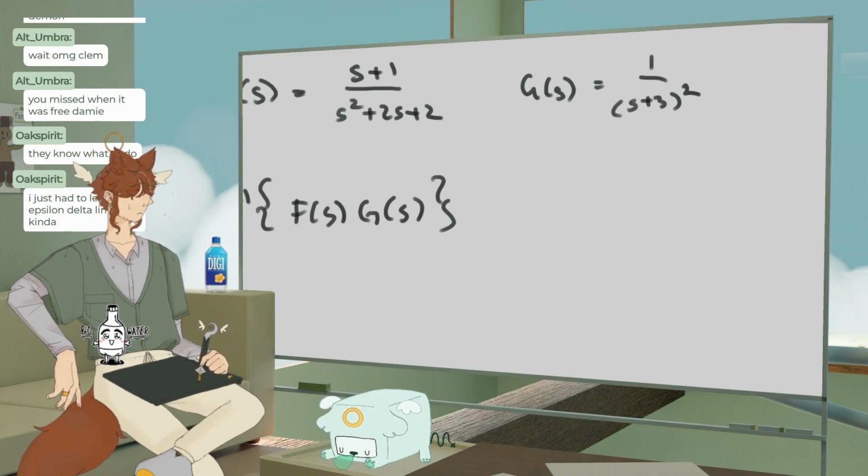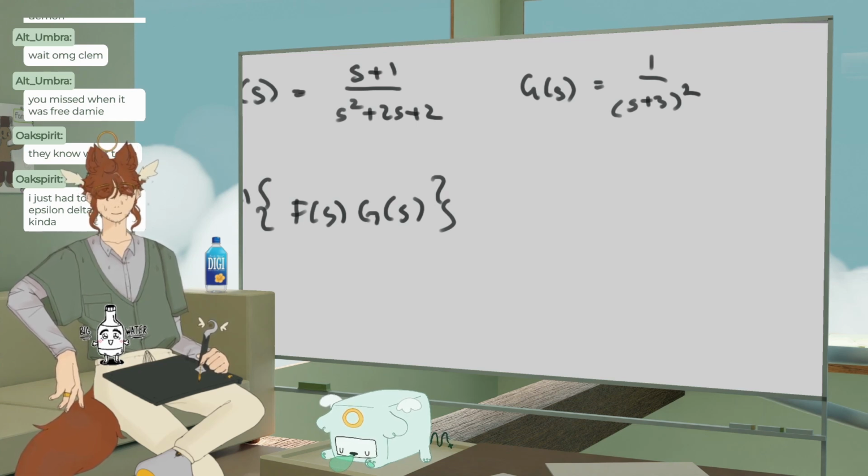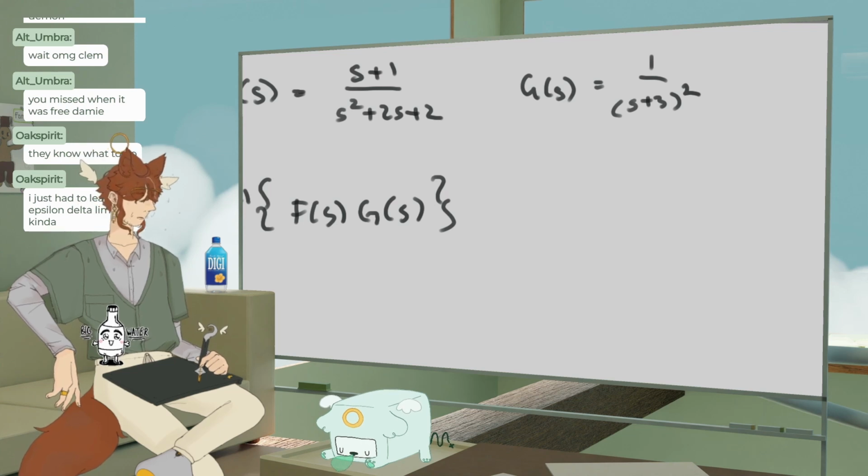Teehee. Wait, what about Laplace of F convolution G? What about Laplace inverse of F convolution? We did not do that. So the Laplace of little f. Okay, so the inverse Laplace is going to equal F convolution of G. Cool.